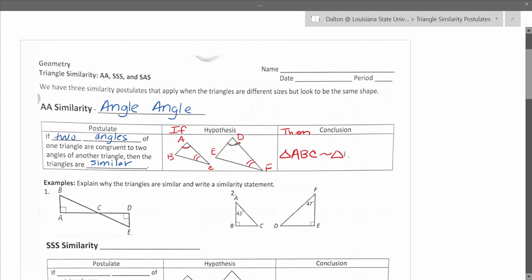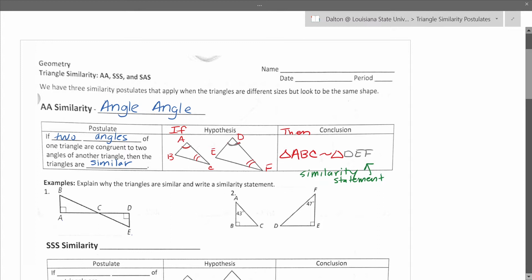So D, and then B doesn't have any, so it must correspond to E, and then lastly F. So this is, for future reference, a similarity statement. It's just claiming a triangle is similar to another triangle.